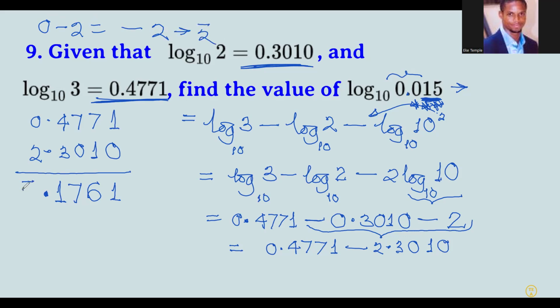So this is bar 2.1761. Once again, when you look up this value on the table of logarithms, 0.15, this will be the value. Characteristic, bar 2 point, and you look up 15 under 0, you get 1761, of course. That's right.